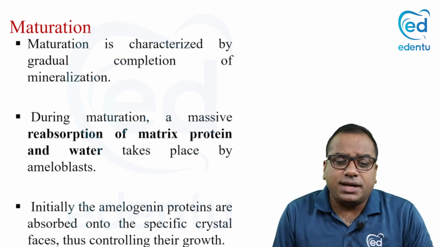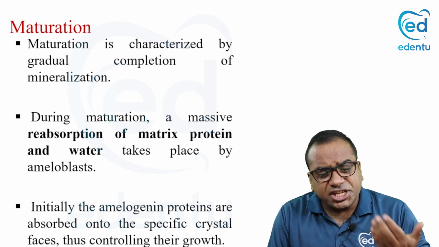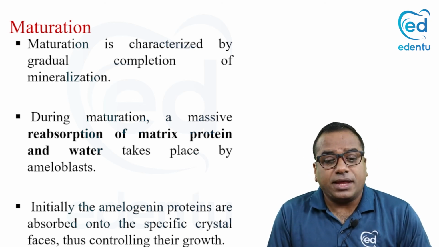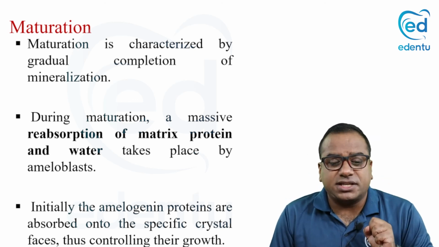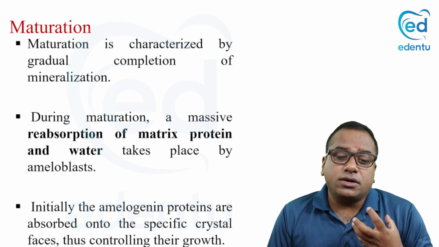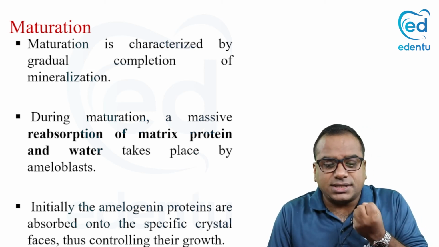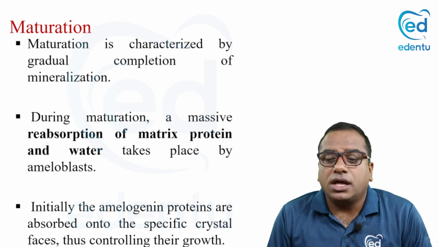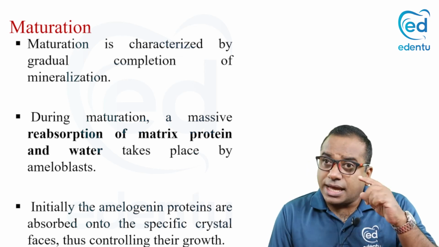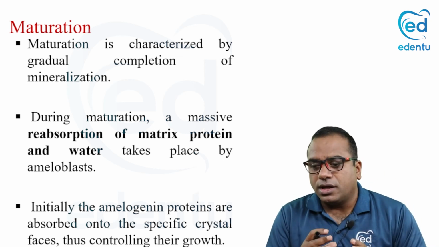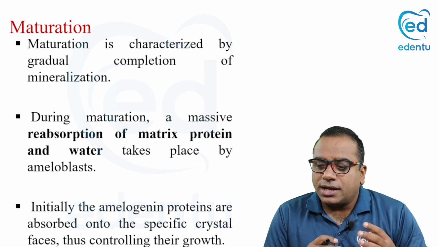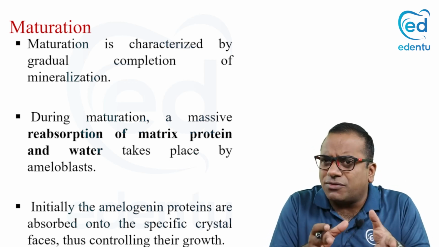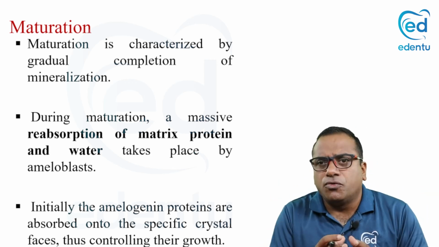Water and proteins will be taken up. Initially, the amelogenin proteins are absorbed into specific crystal phases, thus controlling growth. The amelogenin proteins are removed from the mineralizing front by proteolytic cleavage. So once the work is over, they will be removed.